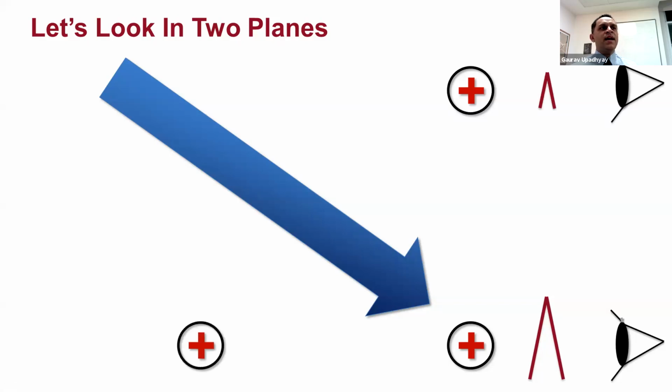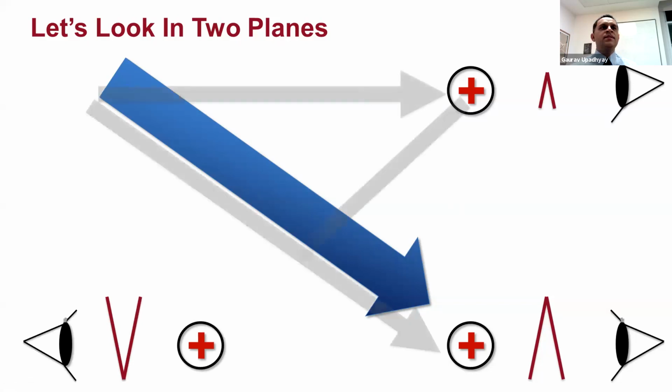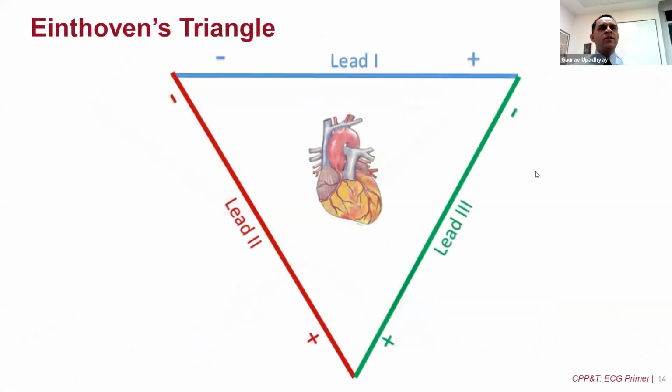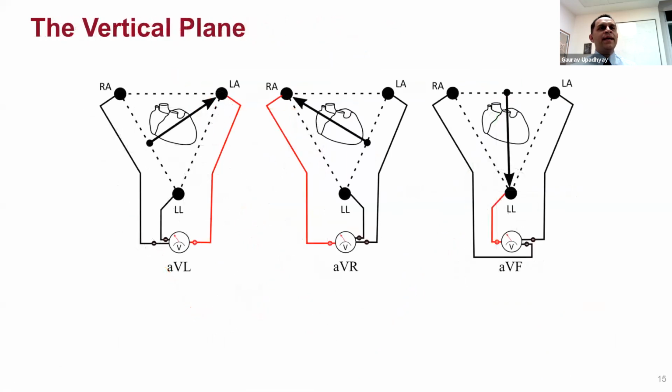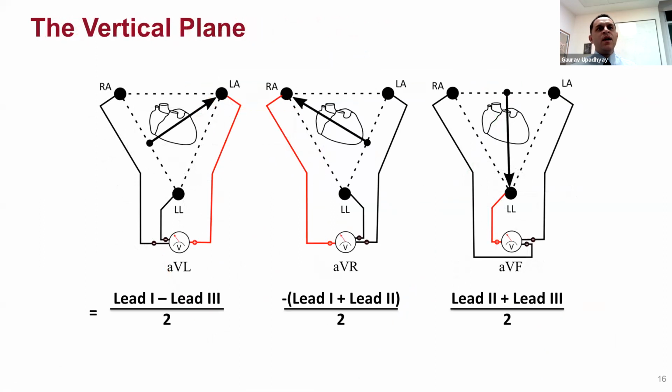If it's on the other side, you'll see a negative because it's traveling away from you. And this actually is how Einthoven's triangle is put together, leads 1, 2, and 3: 1 right arm to left arm, 2 right arm to left leg, and 3 left arm to left leg. So that composes what's called the vertical plane. The augmented leads are simply mathematical combinations of leads 1, 2, and 3.